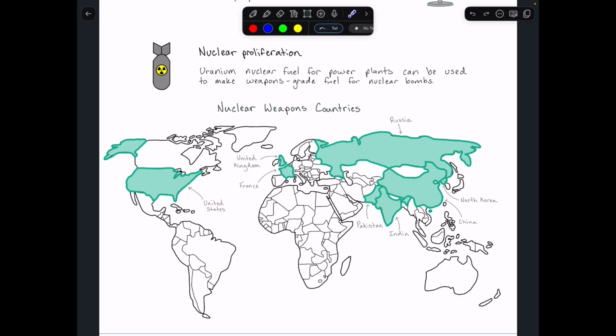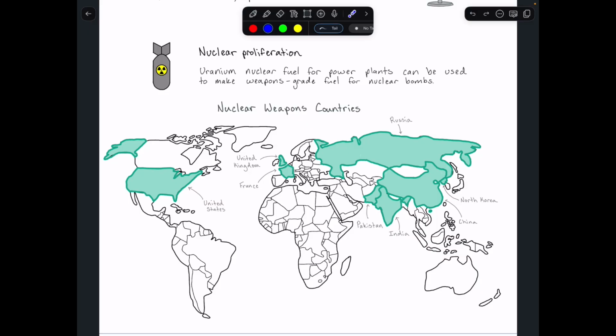Now, although most countries do operate their nuclear power programs under very, very strict regulations, and there are international organizations such as the International Atomic Energy Agency that monitor nuclear proliferation around the world, there are still concerns about nuclear proliferation in general.